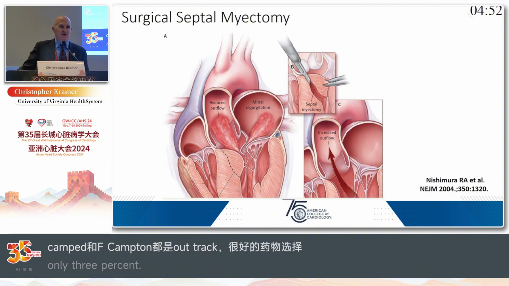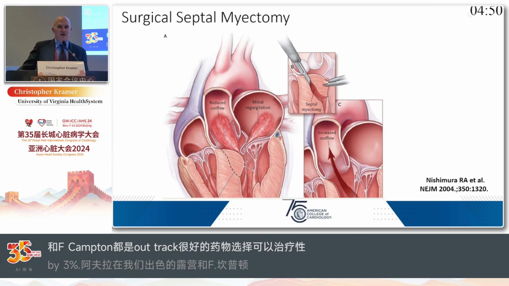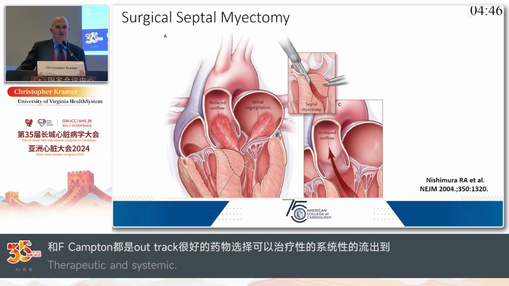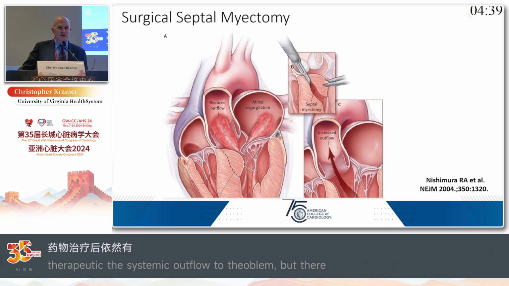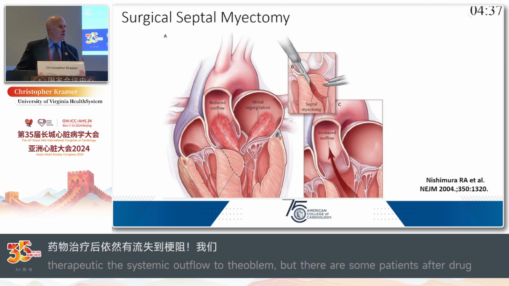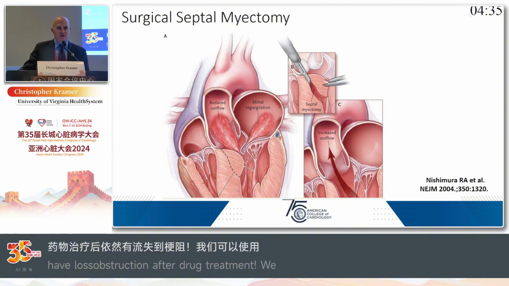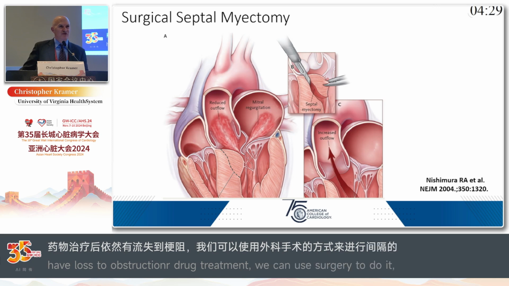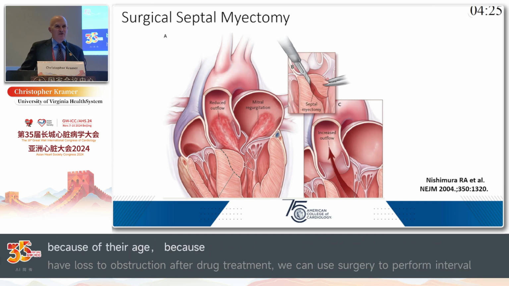In younger patients, often in patients who failed medical therapy and remain symptomatic with outflow tract obstruction, surgical septal myectomy is an excellent choice. In the right hands, it completely relieves obstruction, and patients do well. I generally don't send elderly patients for this surgery because of their age and because they often have comorbidities.